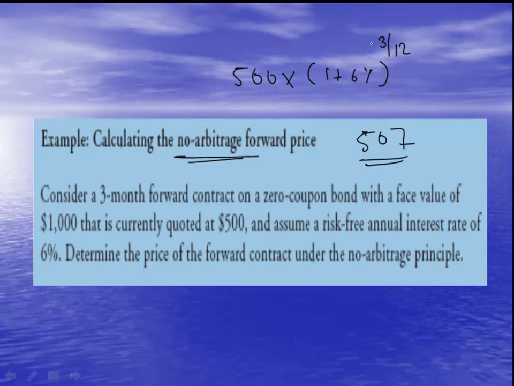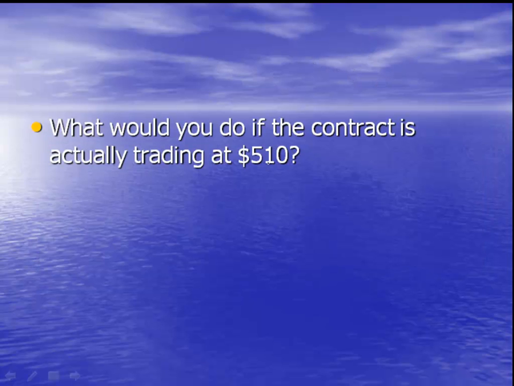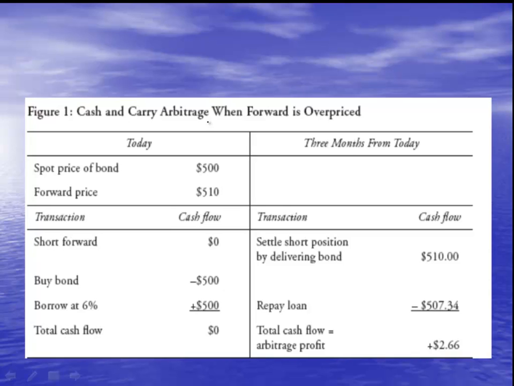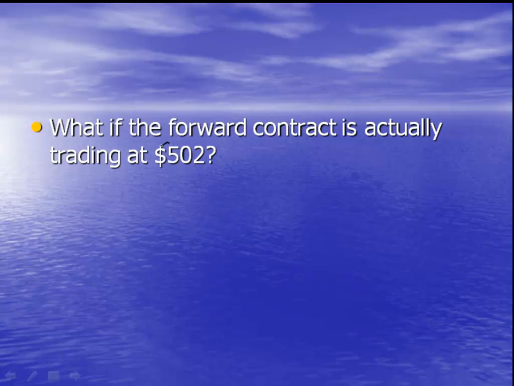So 3 by 12. So what would you do if the contract is trading at 510? You would enter into which side? The short side of the forward contract, and then you would exploit the arbitrage. And if it is trading at 502, you would enter into the long side of the forward contract.